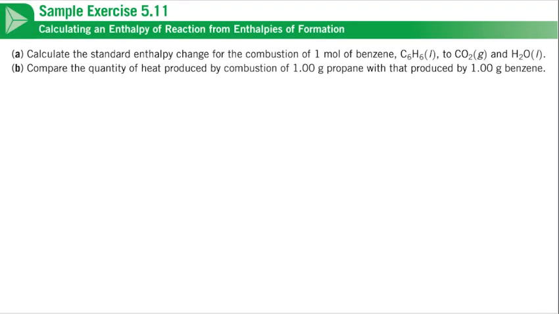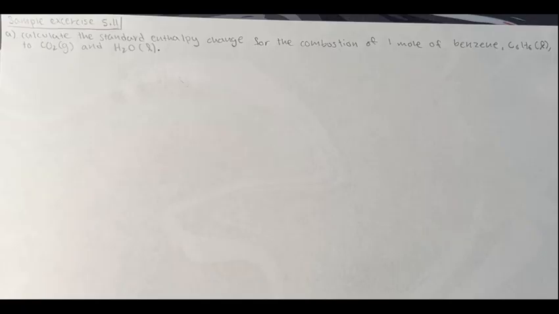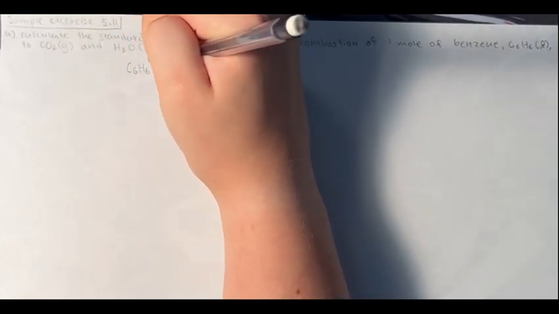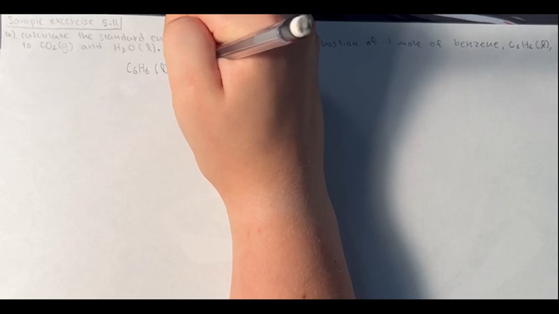Now let's go ahead and try sample exercise 5.11. Calculate the standard enthalpy change for the combustion of 1 mole of benzene to carbon dioxide gas and water. So we know that a combustion reaction involves oxygen and something else, so this reaction is going to involve oxygen gas.